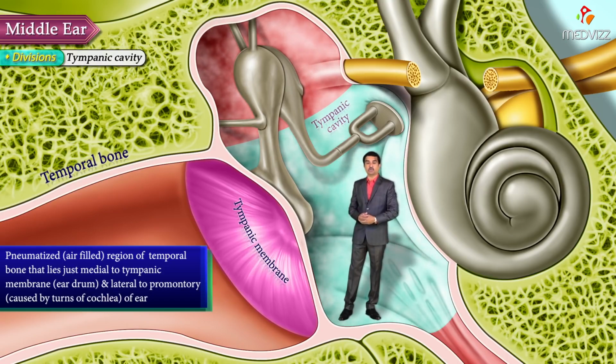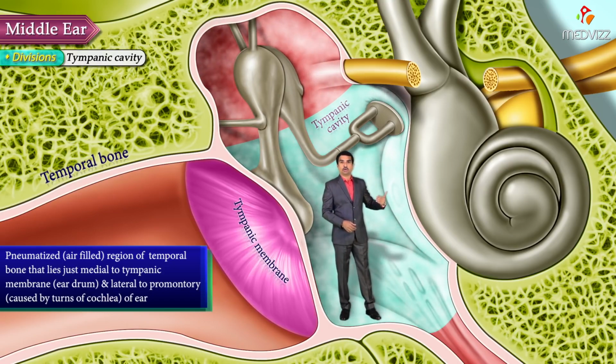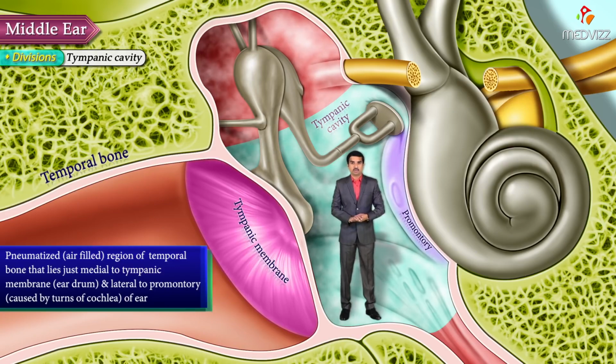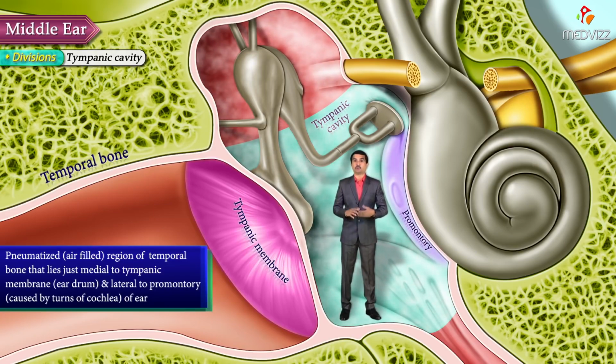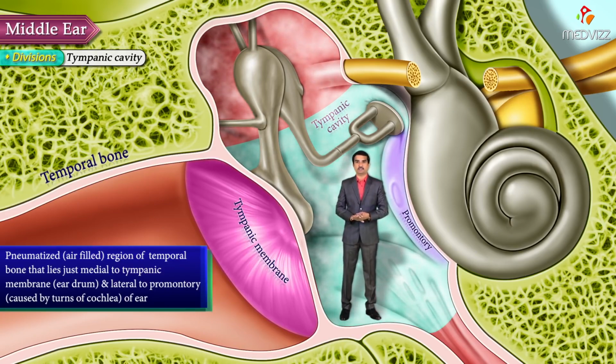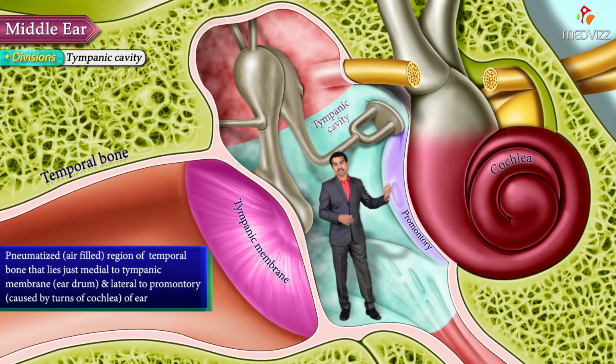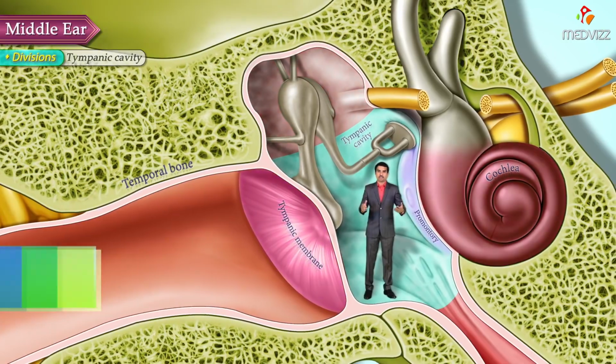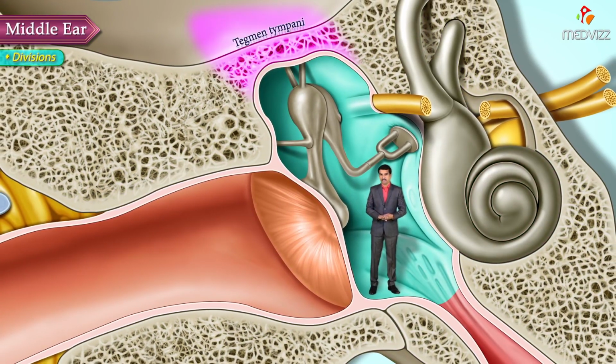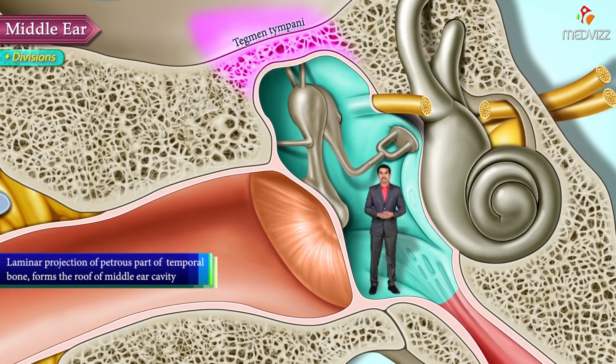The middle ear is located lateral to the promontory. What is the promontory? The promontory is caused by the turns of the cochlea of the inner ear. Now let us talk about the tegmen tympani. The tegmen tympani is a laminar projection of the petrous part of the temporal bone that forms the roof of the middle ear cavity.